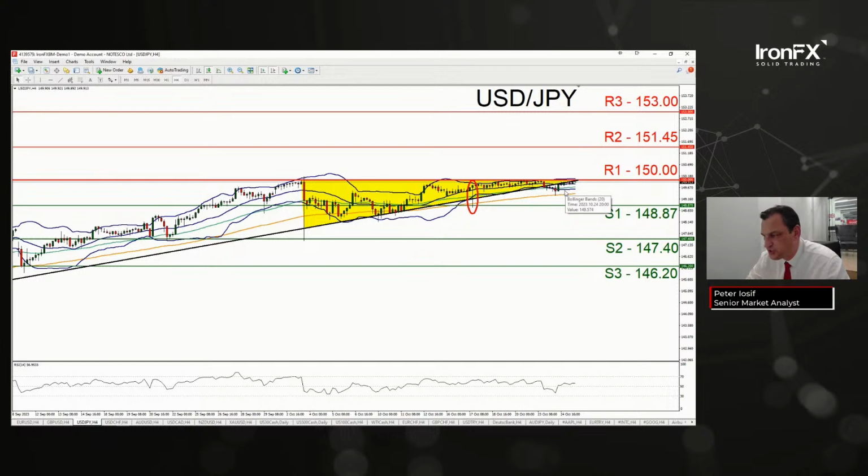It hasn't breached it, but it has risen and practically corrected the correction lower, which was instigated the day before yesterday. Let's have a look, just to be sure. Yeah, on the 23rd.